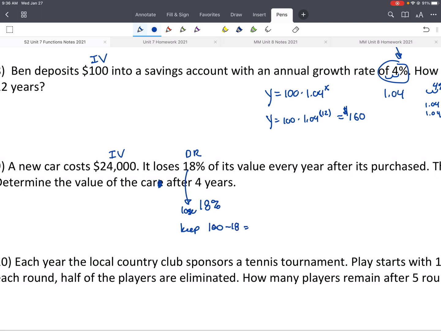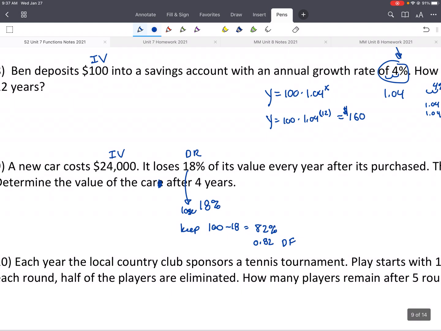That would leave us with 88. So we lose 18% every year, but we keep 88, or sorry, I'm getting that totally off. It should be 82. 82% every time. So we write that as a decimal, that would give us 0.82. So that would be our decay factor.